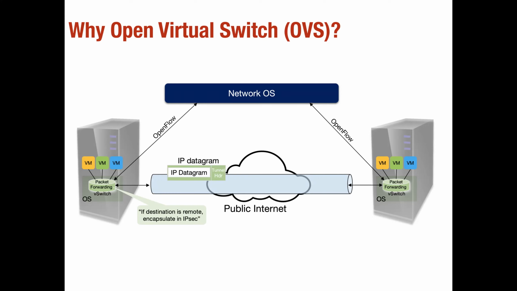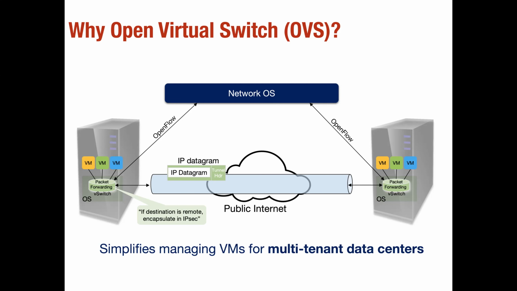The backbone that is carrying this traffic will just focus on this encapsulated packet and make sure that it is able to reach the physical destination, and then at the physical destination, the packet can be decapsulated and sent to the VM as required, right? So in some sense, this type of functionality simplifies managing virtual machines for multi-tenant data centers, right?